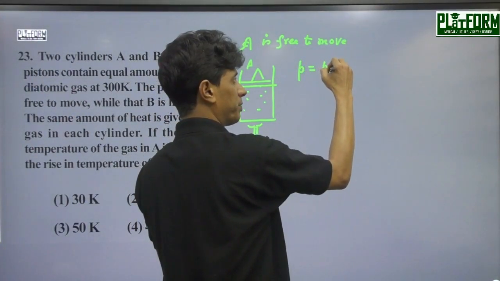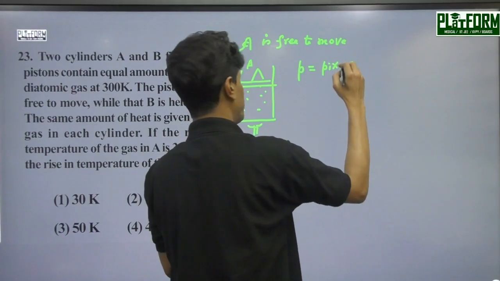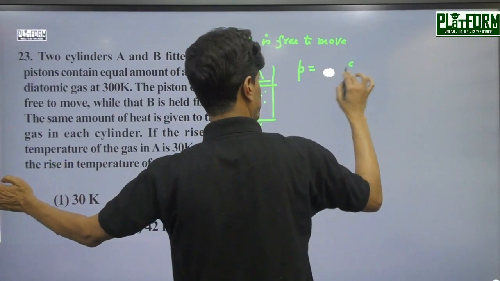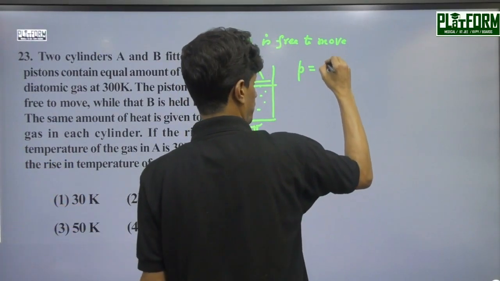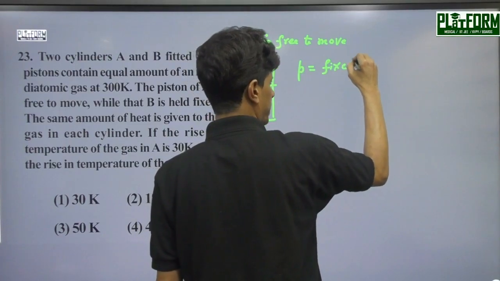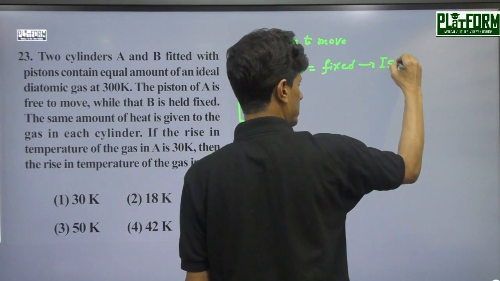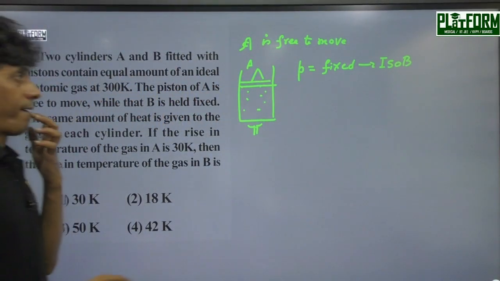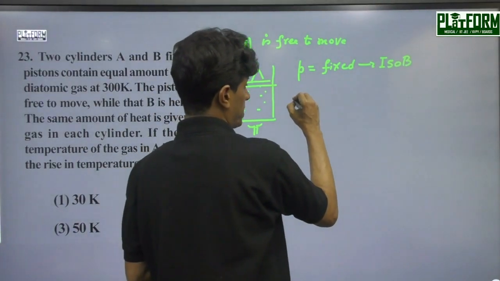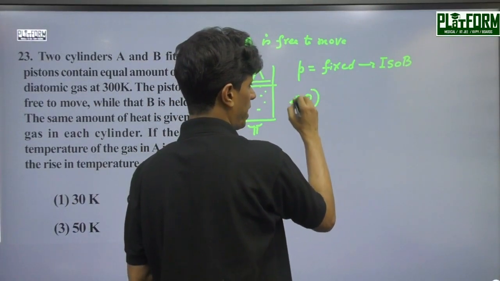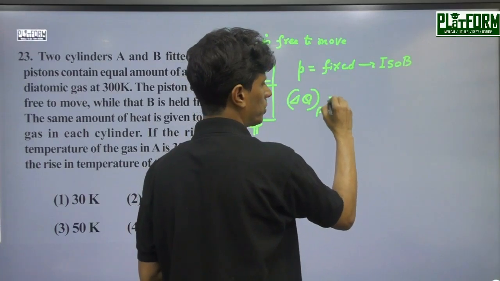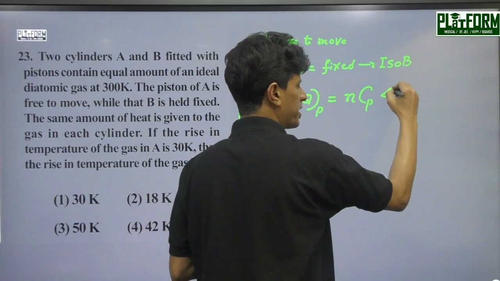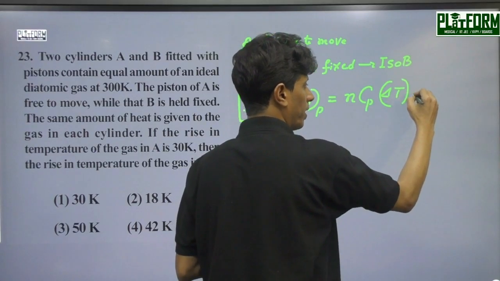In this case, if A is free to move, P is fixed, so this is isobaric. And in this process, the amount of heat supplied is equal to nCp delta T at constant pressure.